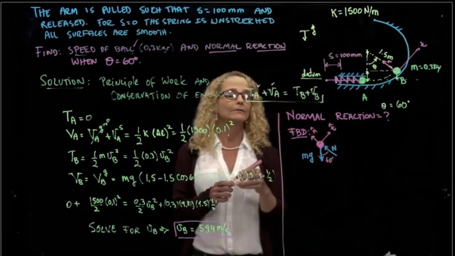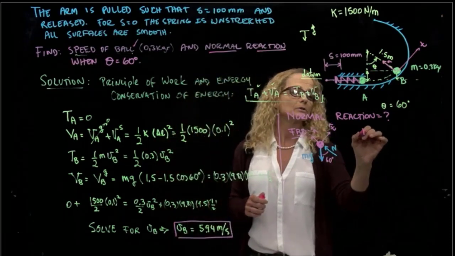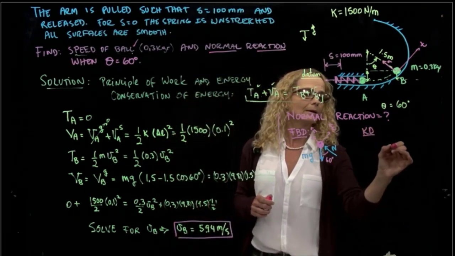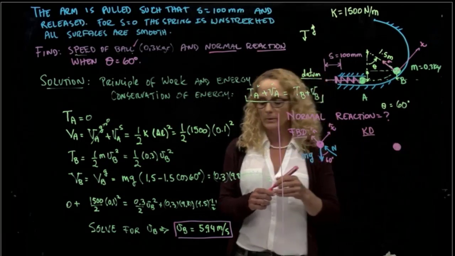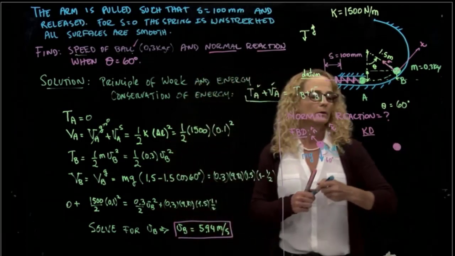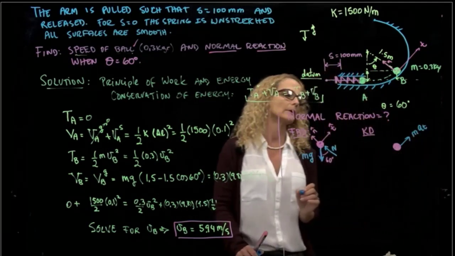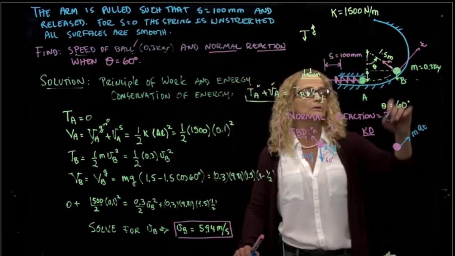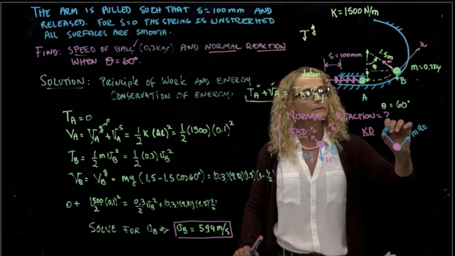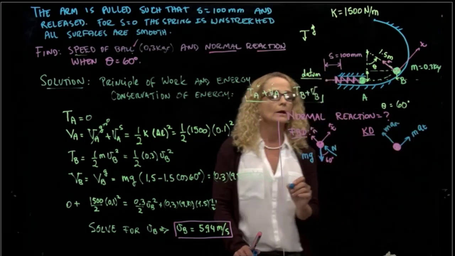So this is my free body diagram, and I also have the kinetic diagram, which involves my mass times tangent acceleration in the tangent direction, and my mass times normal acceleration.